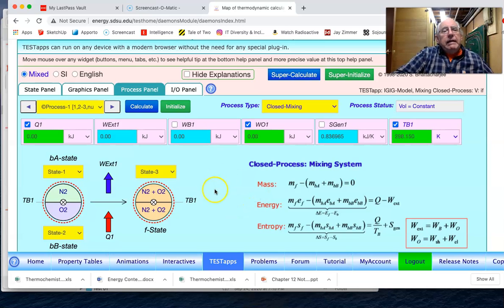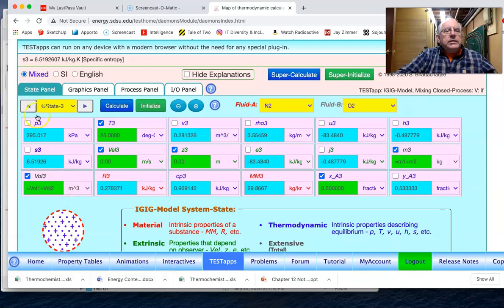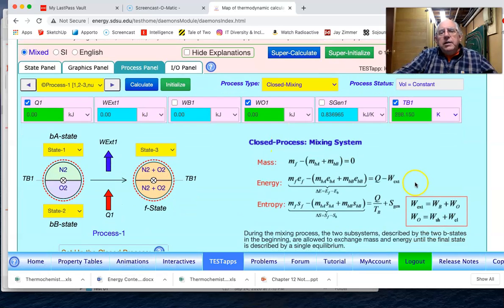So once again, the answer to this particular problem is that the final pressure is 295, which makes sense because it's somewhere in between 250 and 450. And the final temperature, because of this equation right here, if there was no work and no heat transfer, the right-hand side was equal to 0.